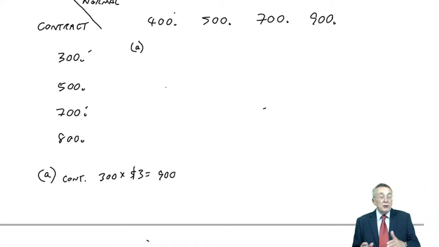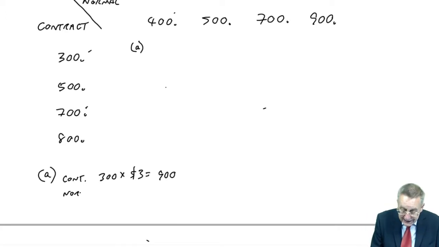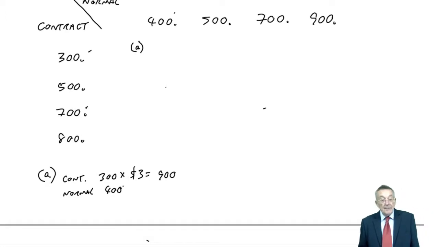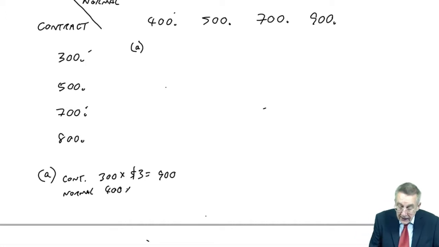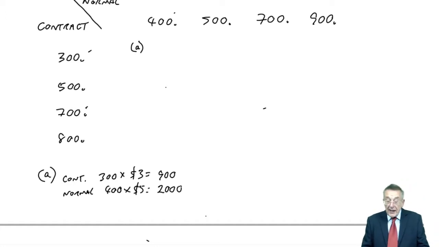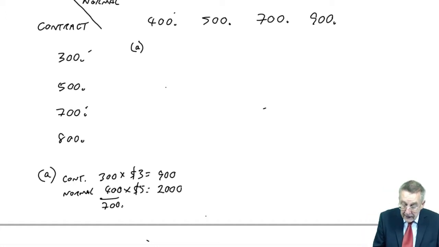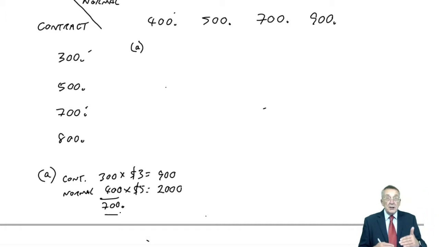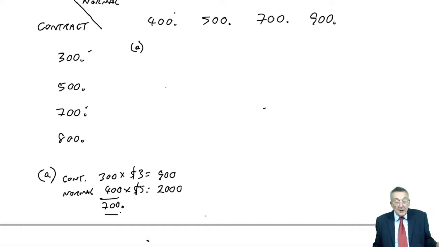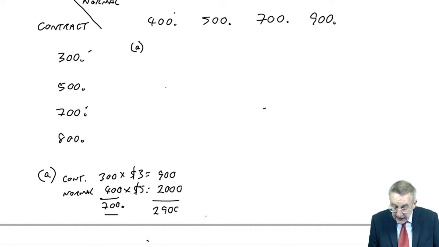So anything sold on the contract, we're making $3, whereas normal customers are paying $11, the cost is $6, so on those we make $5 profit. And so if that happens, we're selling 700 units, and remember, we can vary production to meet demand, so we'll only produce 700, and we'd end up with a total profit of 2,900.